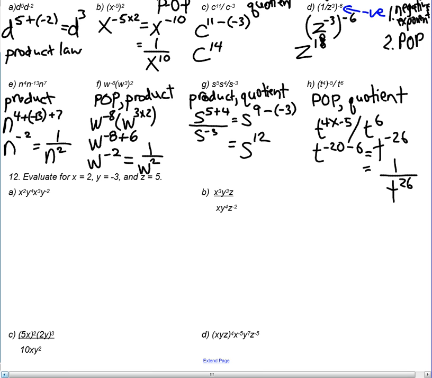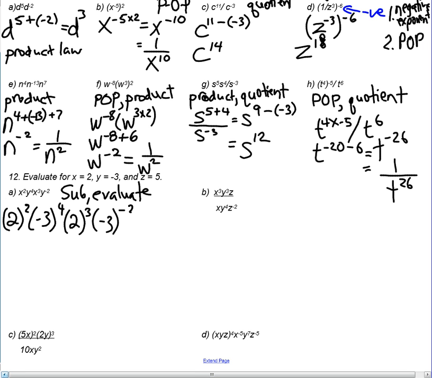In A, there aren't that many numbers to substitute, so I might just use this as an example of using a strategy that just puts in the numbers first. So I'm going to substitute and then evaluate in 12A. So I'm going to put in 2, squaring it, put in -3 to exponent 4, put in 2 cubing it, and put in -3 to the -2.